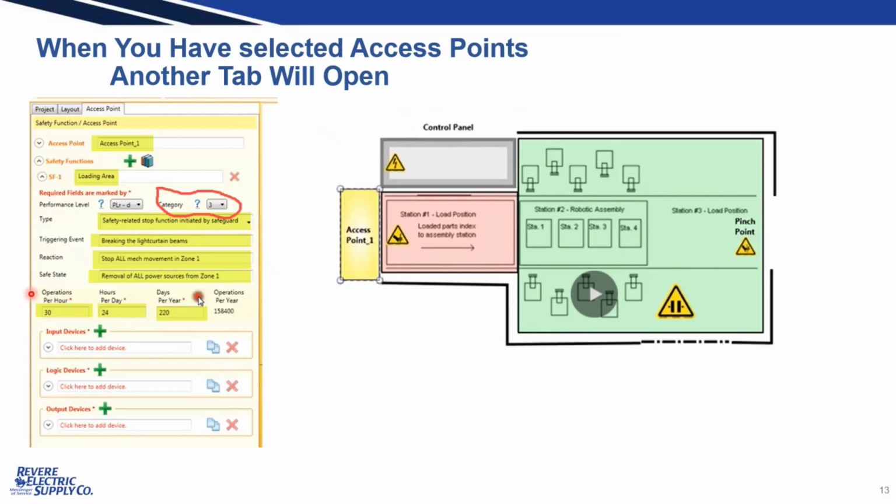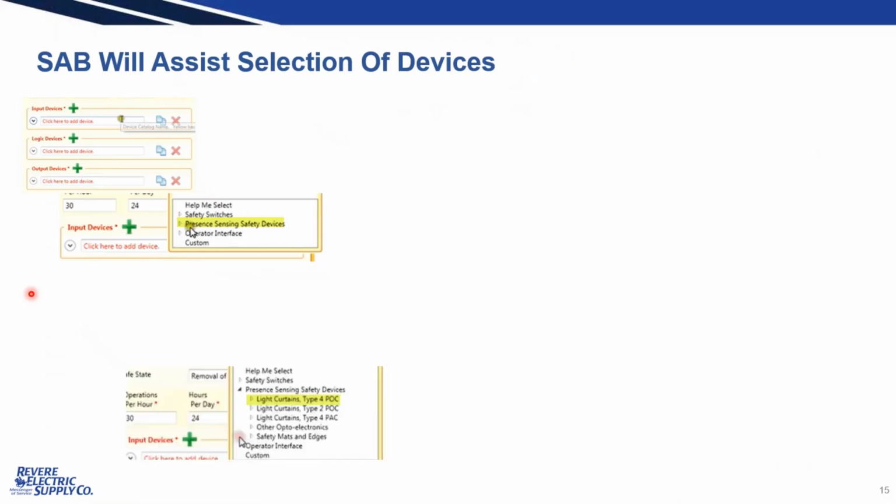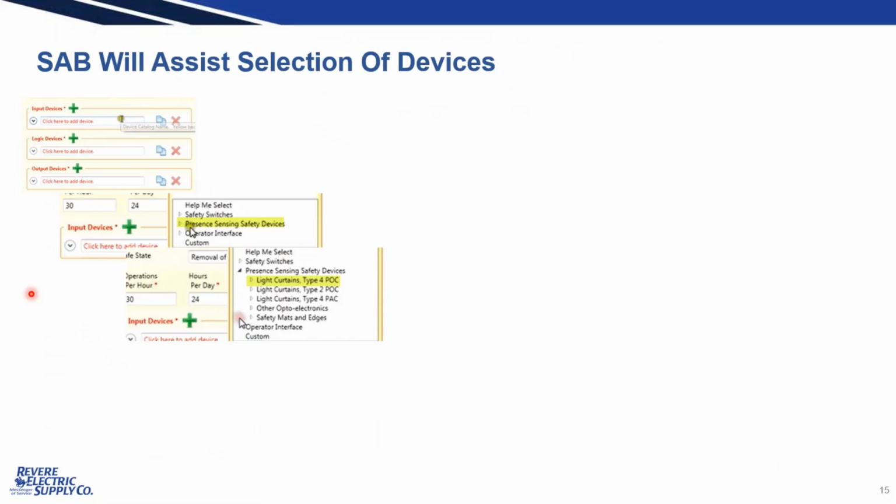Once you've identified that, you'll be able to select input logic and output devices. Once you click on that, it'll bring up your input devices. You have your choice, whether you just want to use safety switches, presence sensing, or some kind of other operator interface. In this case, we're going to select presence sensing.